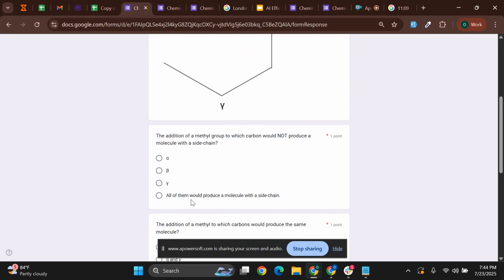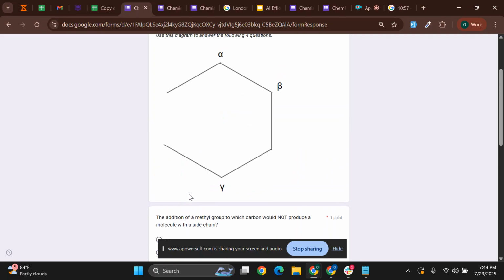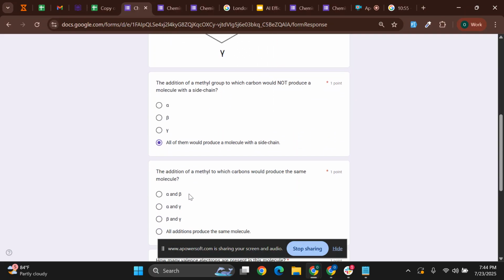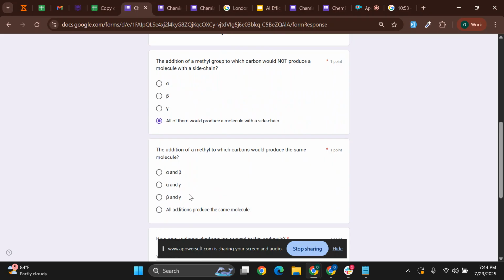The addition of a methyl group to which carbon would not produce a molecule with a side chain? The addition of methyl to which carbons would produce the same molecule?